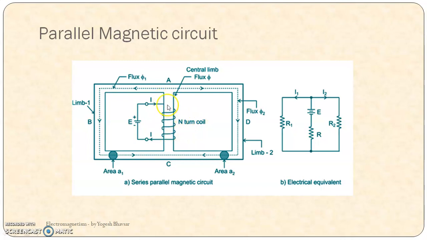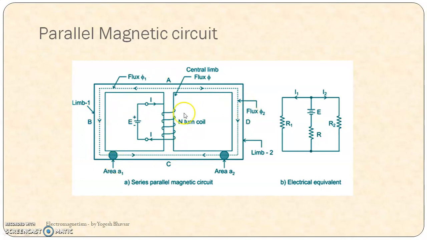This coil will set up a flux which will flow in two directions. One is for limb 1 and one is for limb 2. For limb 1, let us say the flux is phi 1, and for second limb, let us say the flux is phi 2. Their area is also different. Area A1 for limb 1 and area A2 for limb 2. Similarly, their reluctances S1 and S2.